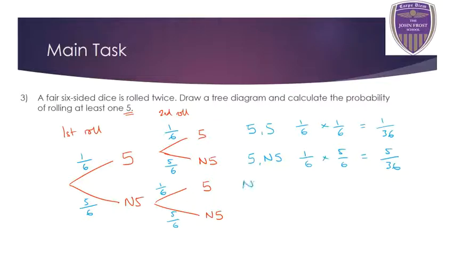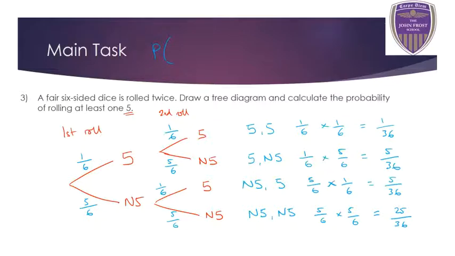Then not a 5 and a 5, that'll be 5/6 times 1/6, again 5 over 36. And the last possibility is not getting a 5 both times, which is 5 over 6 times 5 over 6, which is 25 over 36. Okay, so there are our outcomes. We're talking about 36s this time. Add those up, they make 36.